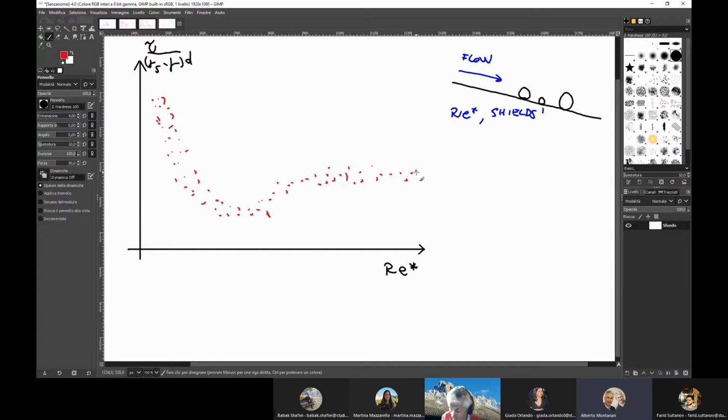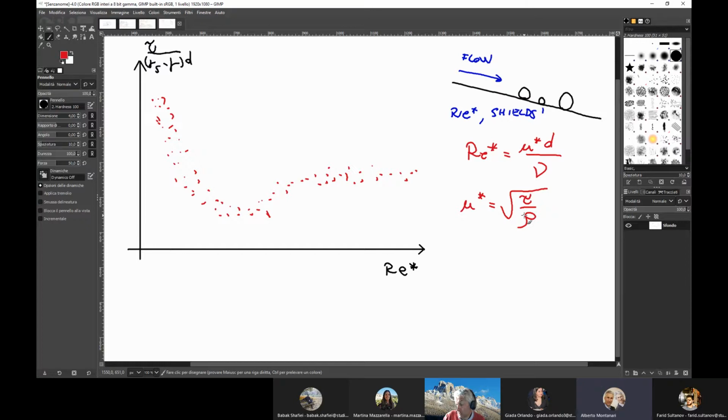So what he found was that for very low Reynolds number, there is viscosity dominating. A low Reynolds number means, if you remember how the particle Reynolds number is computed, Re star is equal to U star d divided by nu, and U star is equal to the square root of tau divided by rho. What happens if you bring Reynolds star down, to low values?